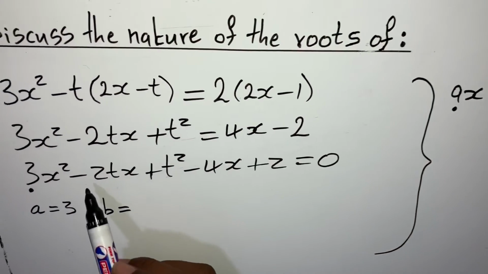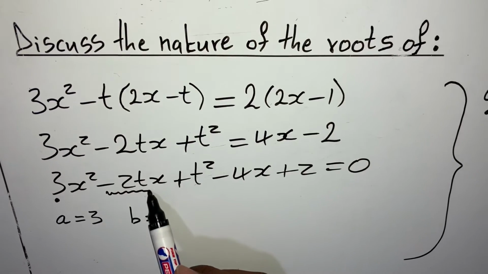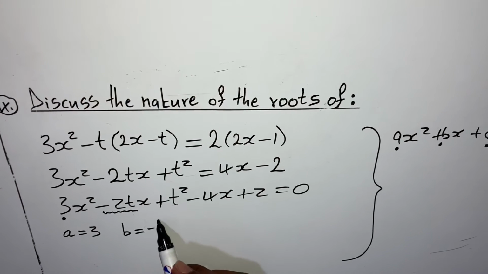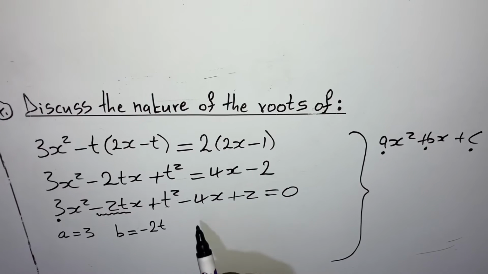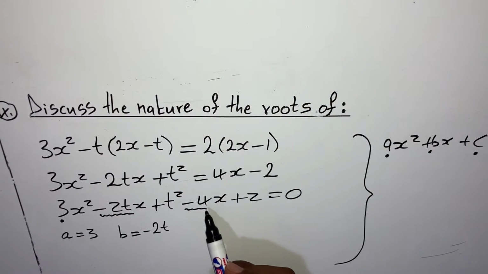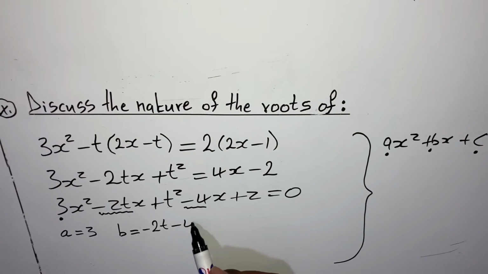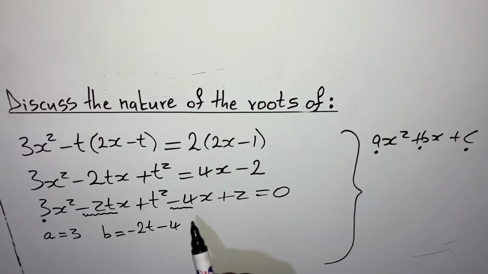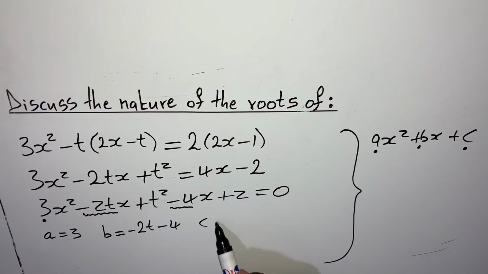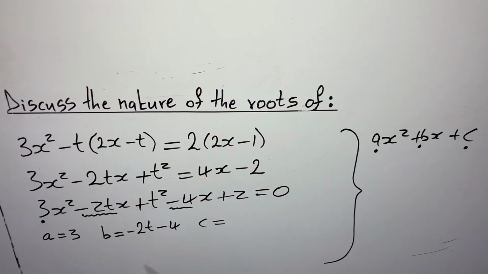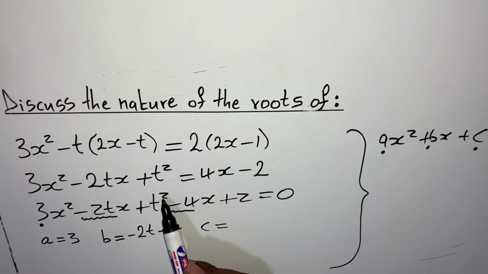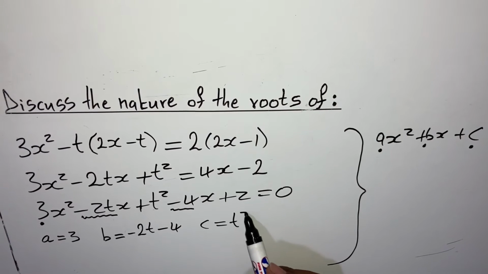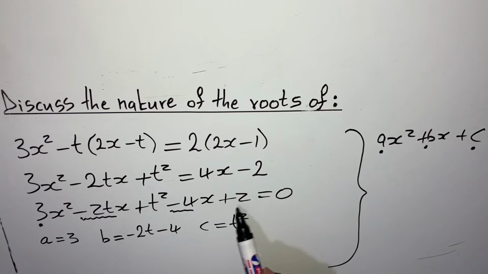So now, before x, we'll have negative 2t. What else is before x? We have our minus 4. Then, is there anything else that is before x? We don't have. Then you go for c. The t squared is not before x squared and is not before x. So for c, we'll have t squared, also plus 2.